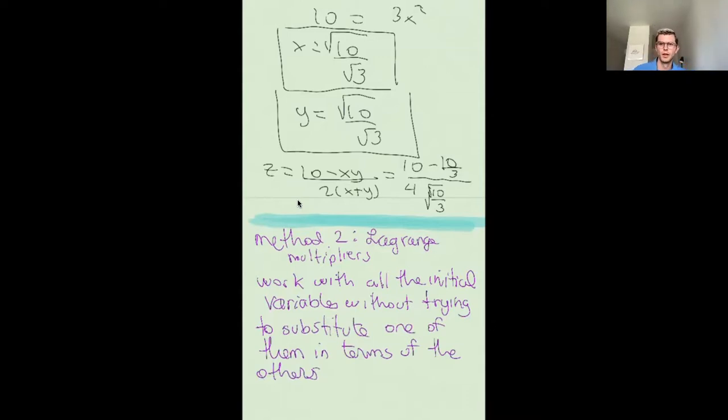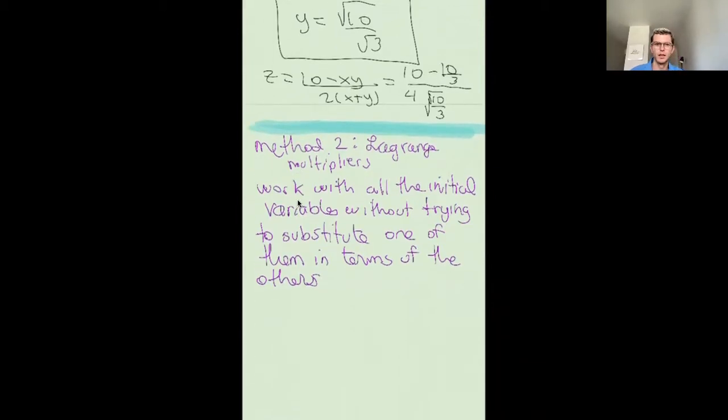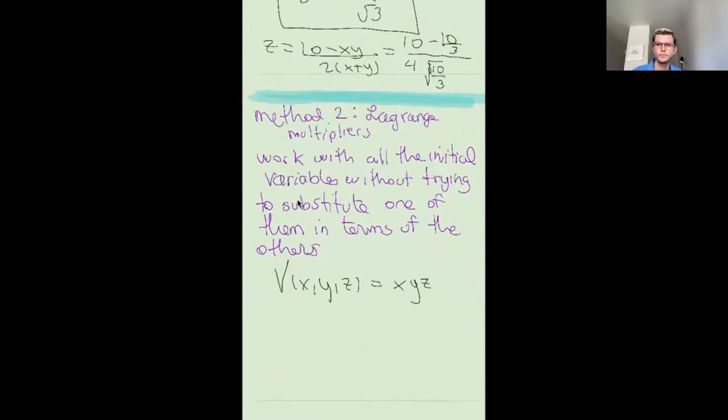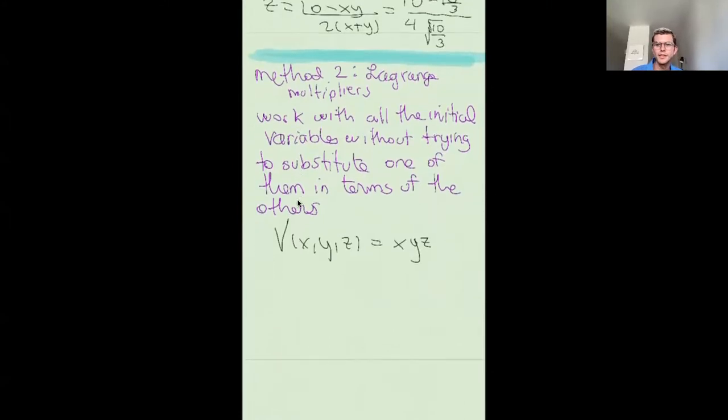Okay. So what's the idea here? Again, think of this as a function of three variables, the volume. You have this function of three variables. And then you have this equation, which I call the constraint, right?